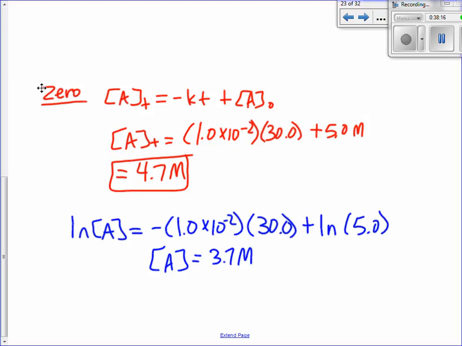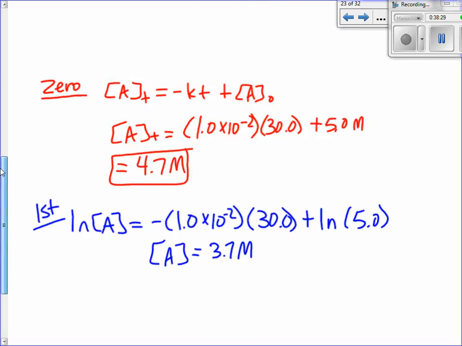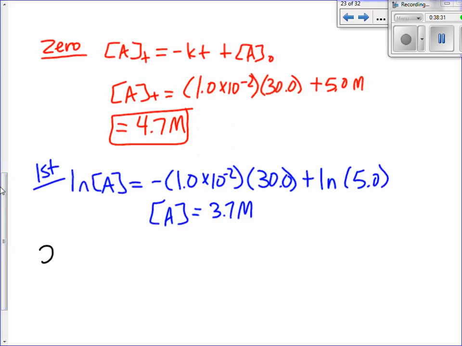So this is just plugging them in and solving. Basically, this would be first order. And then last but not least, second order, using the second order equation.